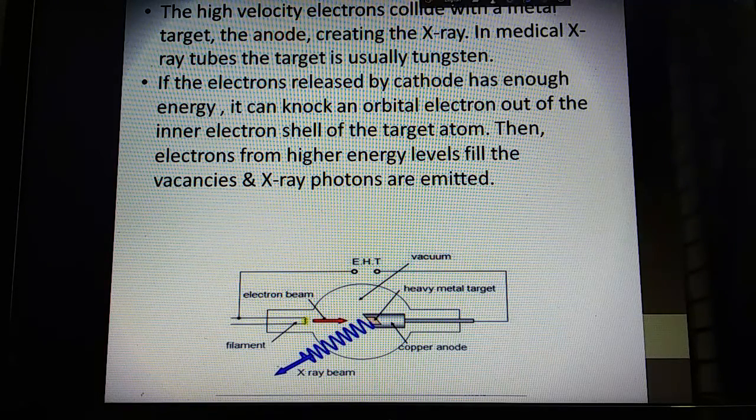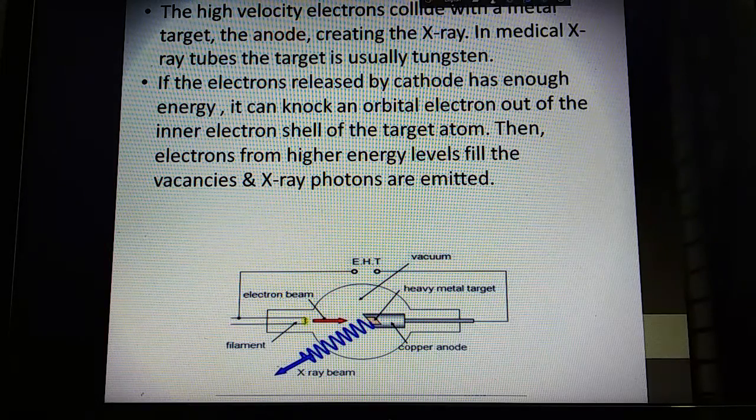From the outermost shell of the anode, some electrons are knocked out due to the incoming electron, and these electrons leave their space and jump into the inner electron shell.